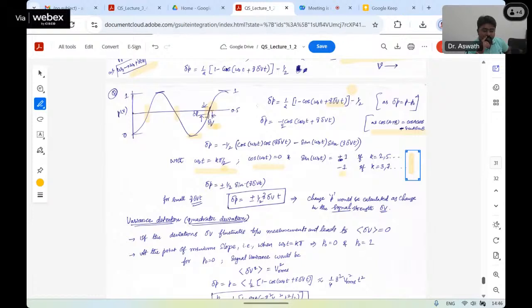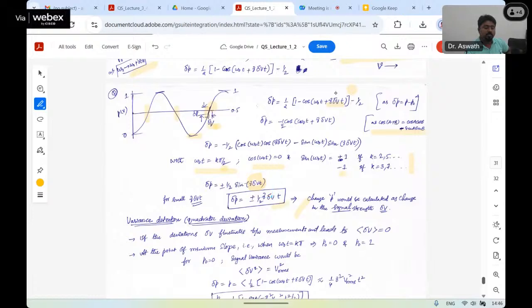Now let me concentrate on the close to maximum slope point. At that point, I can show that gamma into delta V into T is very close to 0, right? So in that case, sine of theta is just theta.